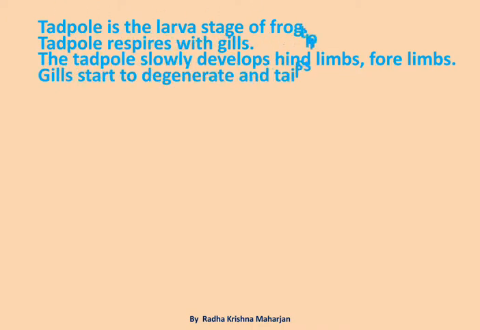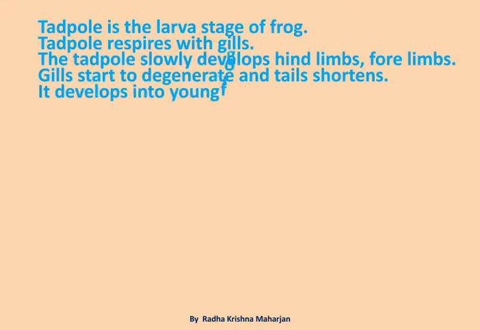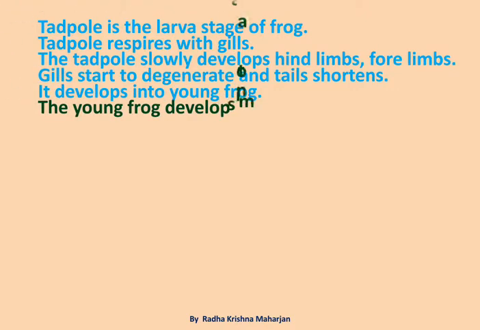Gills start to degenerate and tail shortens. It develops into young frog. The young frog develops into mature frog.